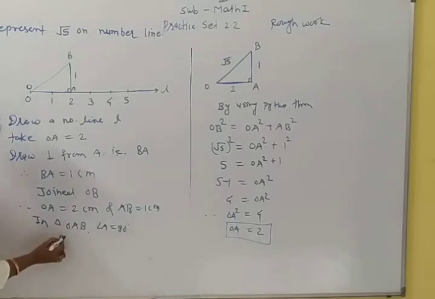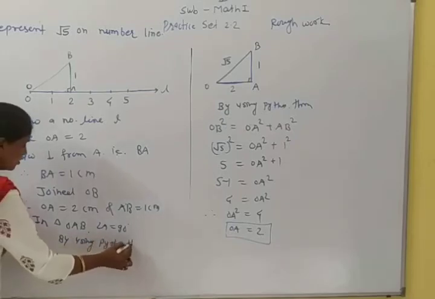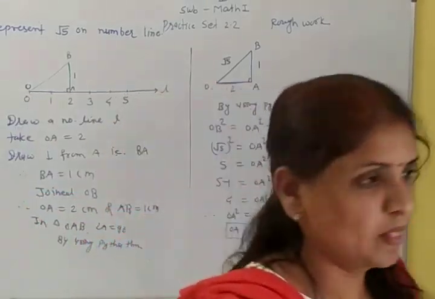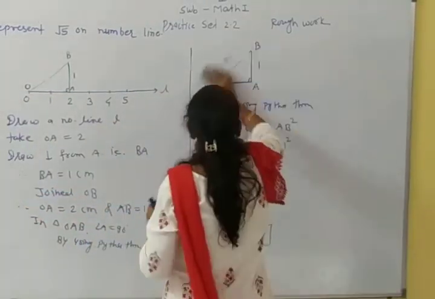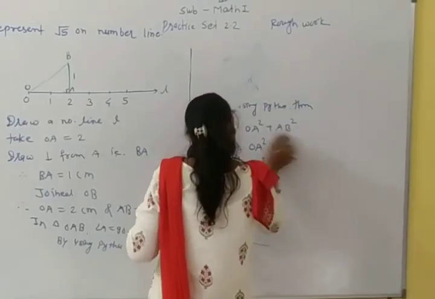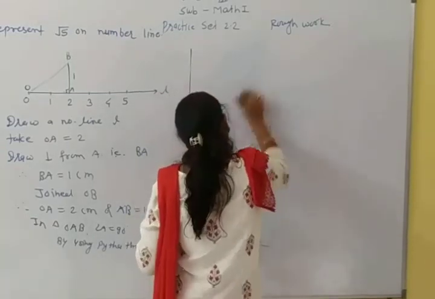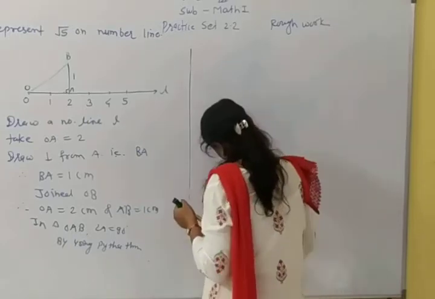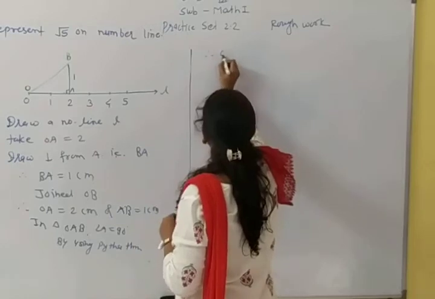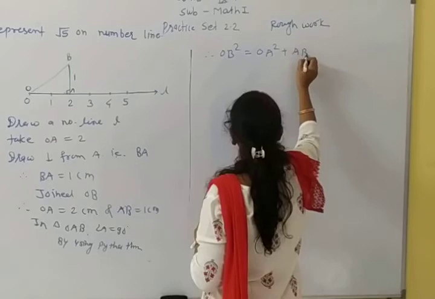Therefore, by using Pythagoras theorem, in triangle OAB, OB square equal to OA square plus AB square.